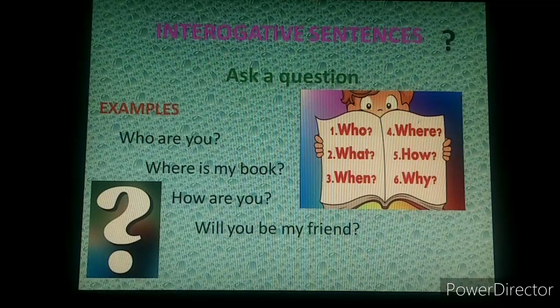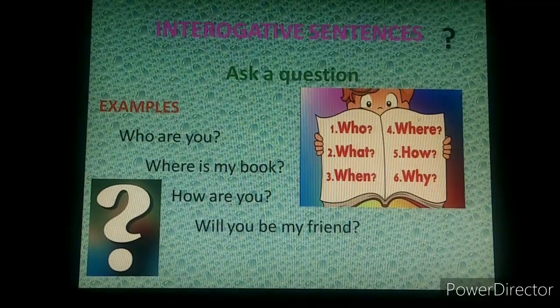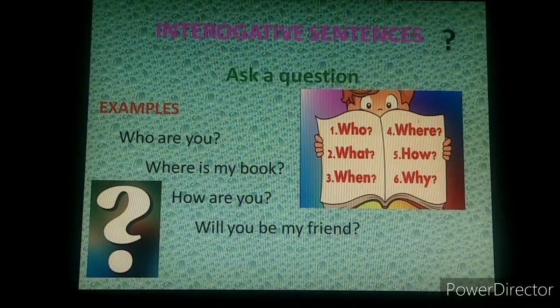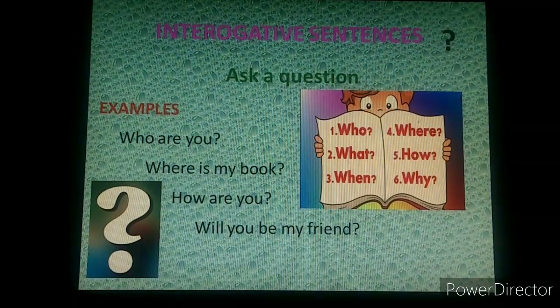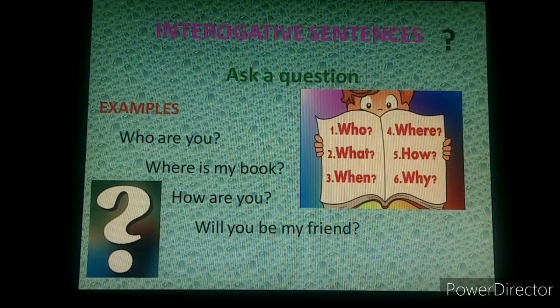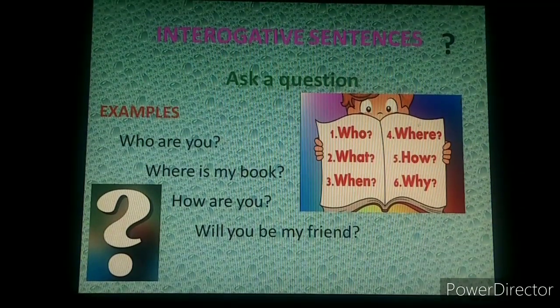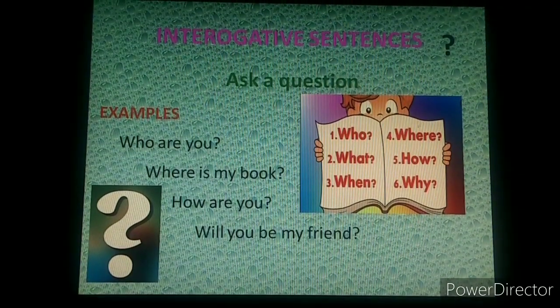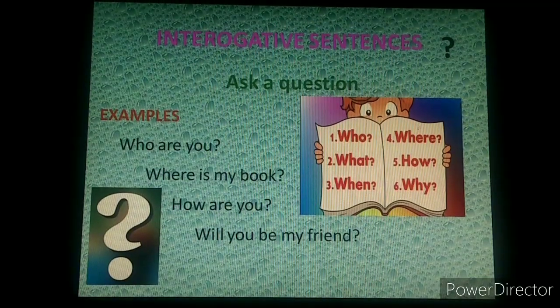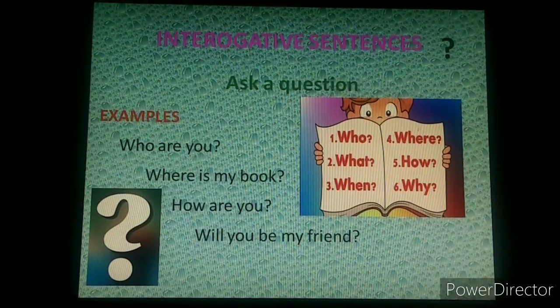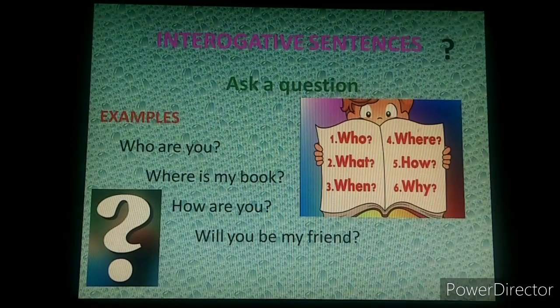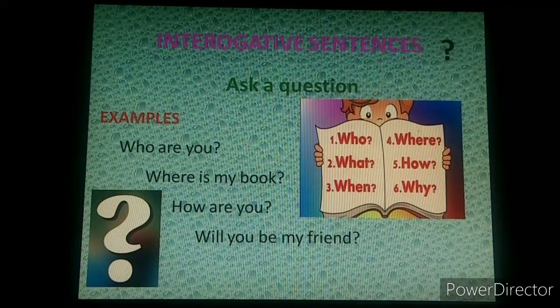Sometimes, like "Will you be my friend?" here "will" is not a WH word. So sometimes we use a helping verb like will, are, does to start an interrogative sentence. Here we are starting with a helping verb, so it becomes an interrogative sentence.